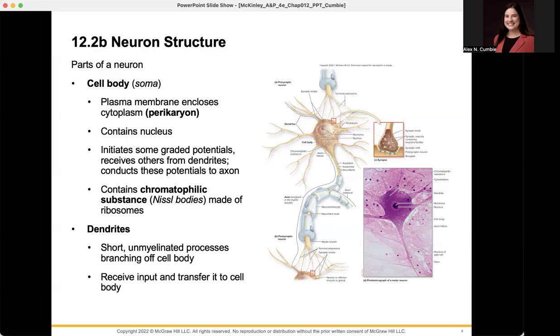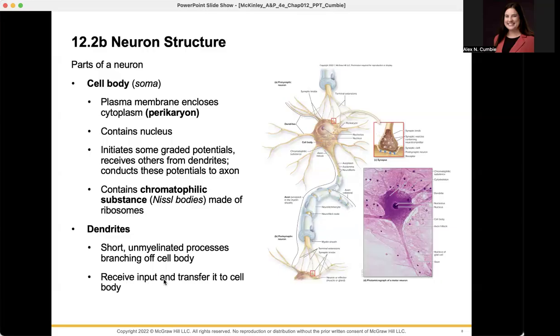All these branches that are coming off of the soma of the neuron, as you can see here, lots of branches, those are called dendrites. And these dendrites, we'll get into what unmyelinated means soon, but they're unmyelinated and they're just branches that come off of the neuron and they essentially act as receptors.